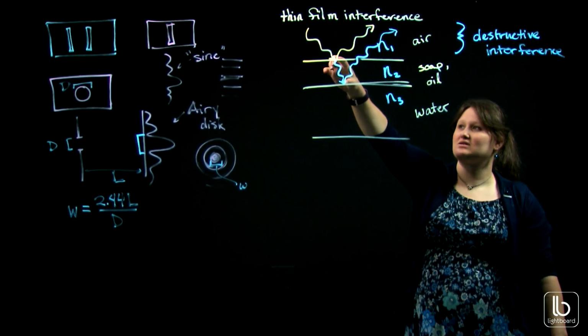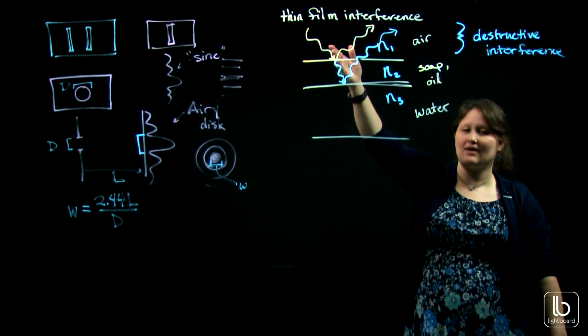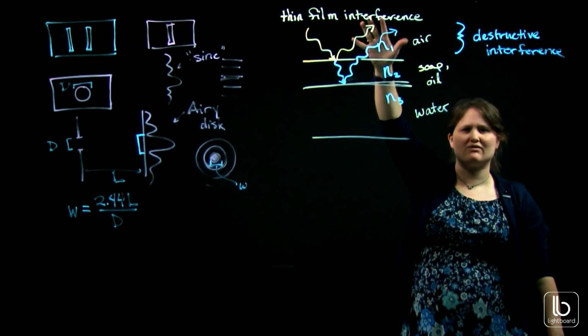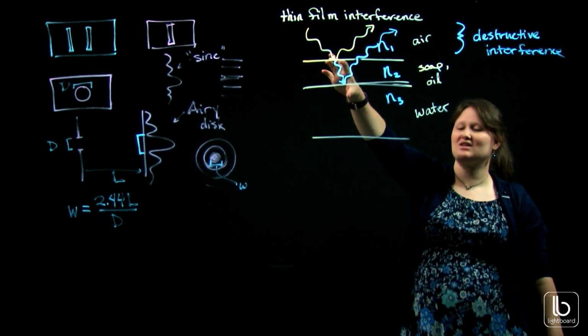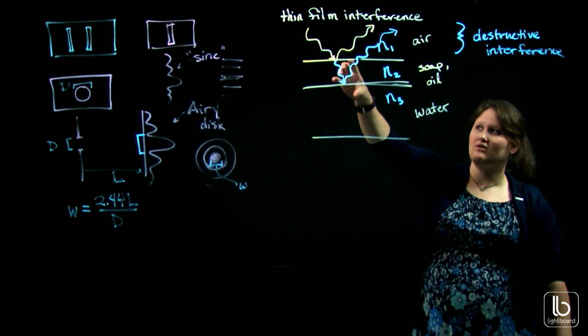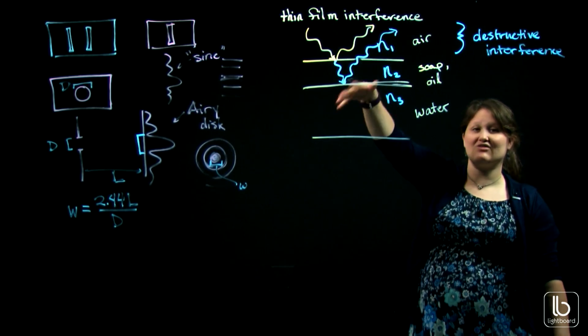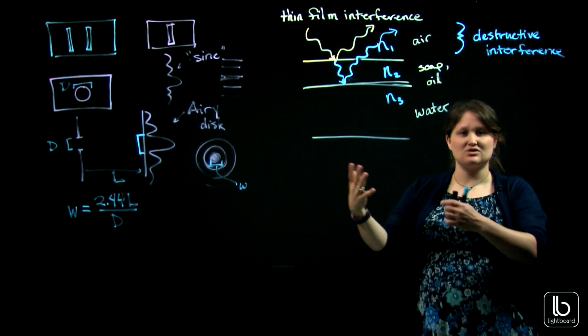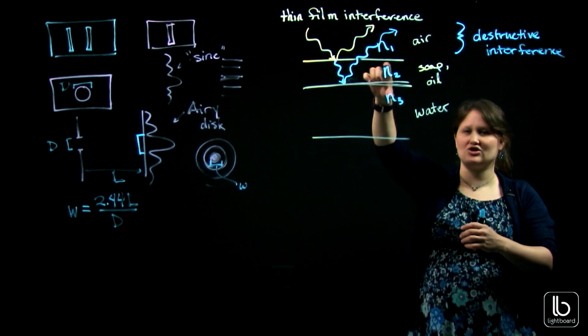So some wavelengths at this thickness are going to reflect back perfectly and give me destructive interference, but the other wavelengths not so much. If I change my thickness, that means a different wavelength for a different thickness can give me that destructive interference. So I change color as I change thickness.